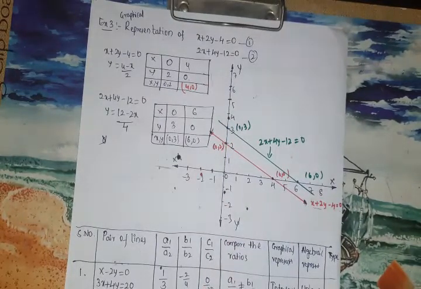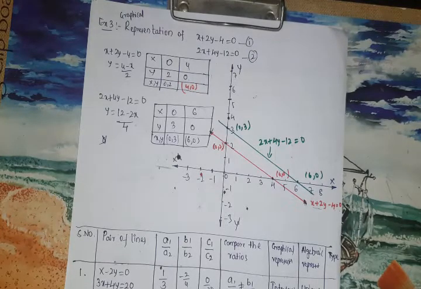Now by seeing the equation only, we can tell whether the equation has a unique solution, infinitely many solutions, or no solution, or whether it is a consistent equation, a dependent equation, or an inconsistent pair of linear equations.